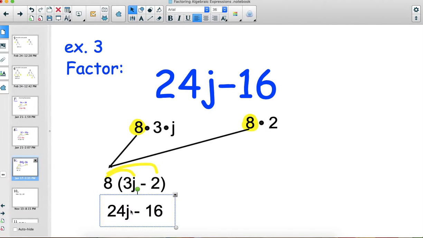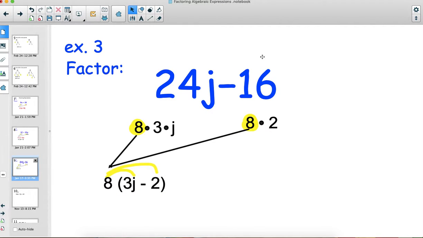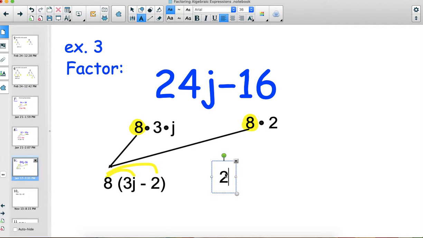Now, some of you might have factored and used 2 or 4. Did you create an equivalent expression? Yeah, so you're not necessarily wrong. If you did 2, you would end up with 12j minus 8.